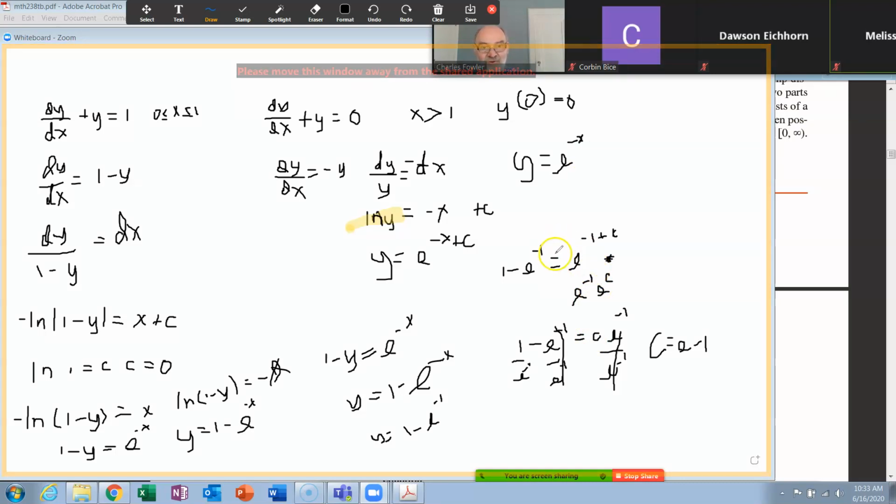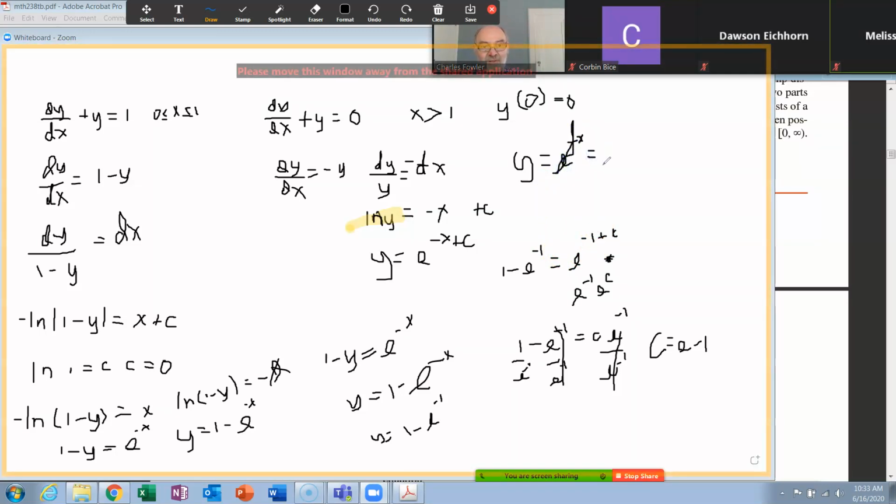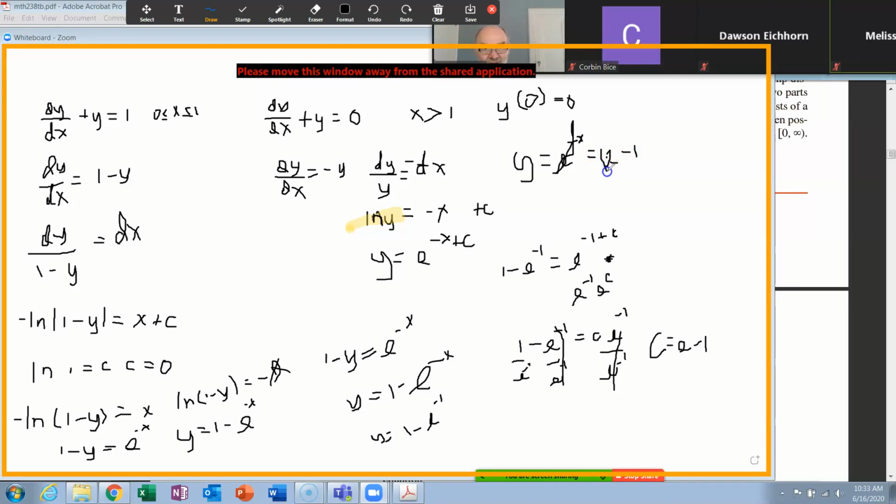So this is the coefficient of that. I shouldn't have written it that way. Let me do away with that. Y is equal to e to the minus 1. That's our C. E to the minus x.